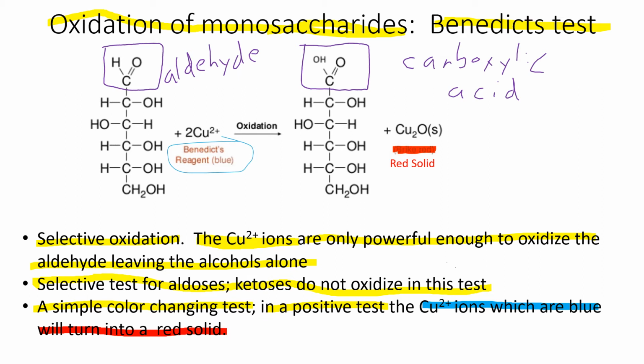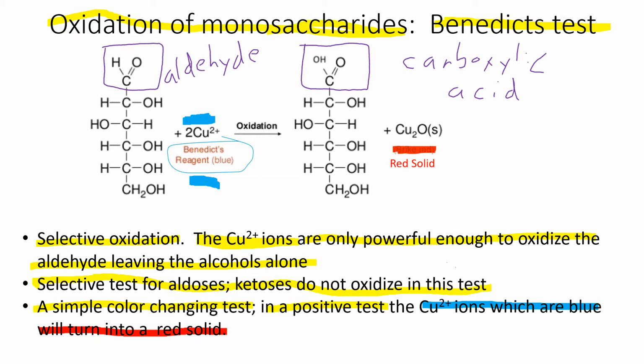Now here's where the color changing part comes in. The color changing part is based upon what happens with the copper. Remember, the copper is what we use to oxidize this aldose. These copper plus 2 ions start as blue, so we can see that color very easily. Then, in the course of performing that oxidation on the aldehyde, those copper ions also undergo a change.